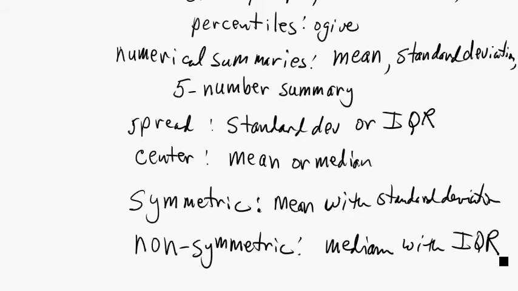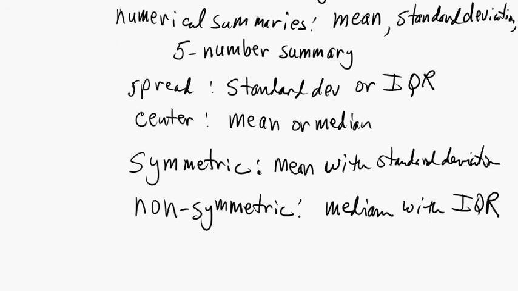So there's not as much we can do with those. So we like to have symmetric distributions. A lot of the things that we deal with become symmetric distributions. So we will deal a lot more with means and standard deviations. But you get those distributions that are not symmetric, where you have to use the median and the IQR for describing.